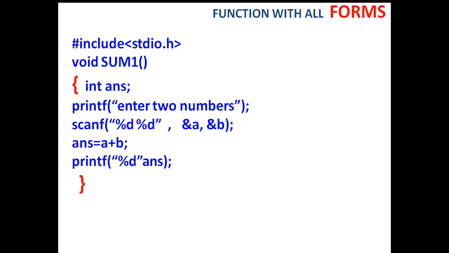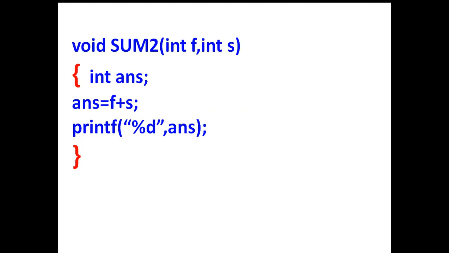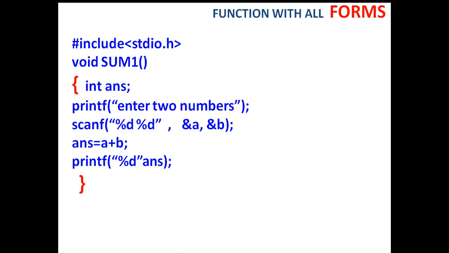Now, whenever we want to write the second category, we will first write void, then the function name, then arguments. Then we will calculate the answer and print it. So this category always takes arguments, then calculates the answer, and the answer is printed by this category. And the third category will also return a single value.